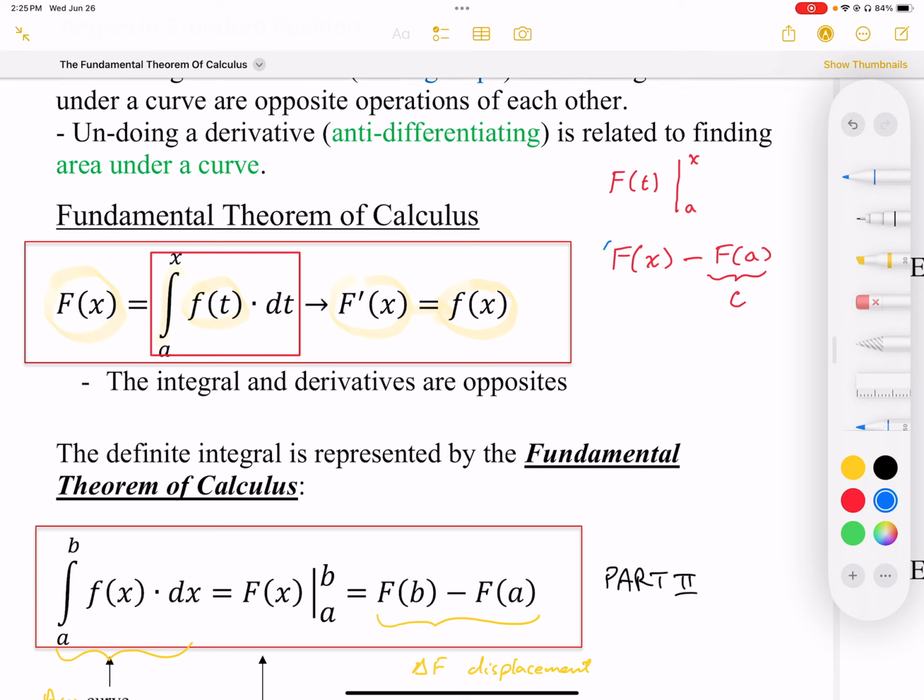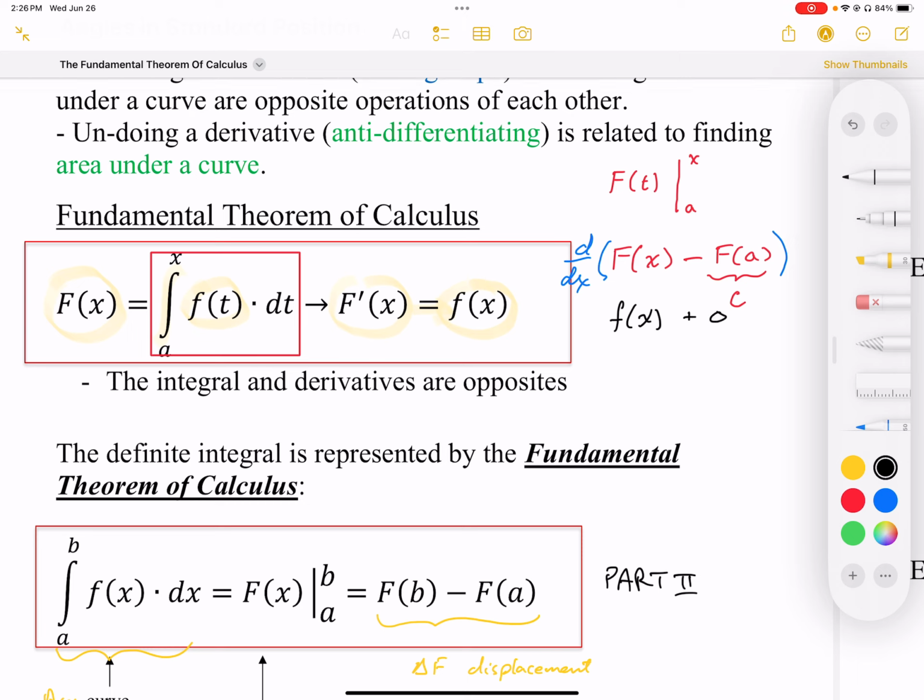If I take that expression and I differentiate it, well, the derivative of big F is just going to generate my f of x again. And then the derivative of the plus c is just going to give us plus 0.